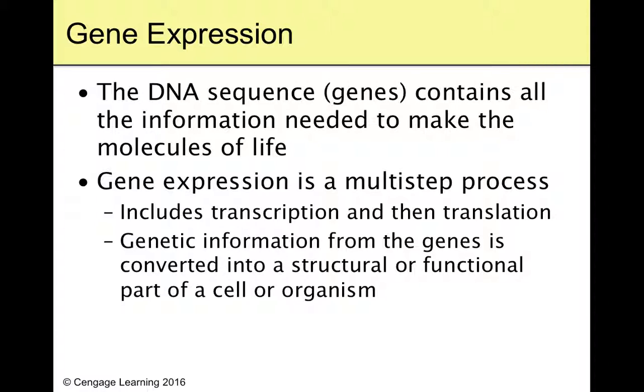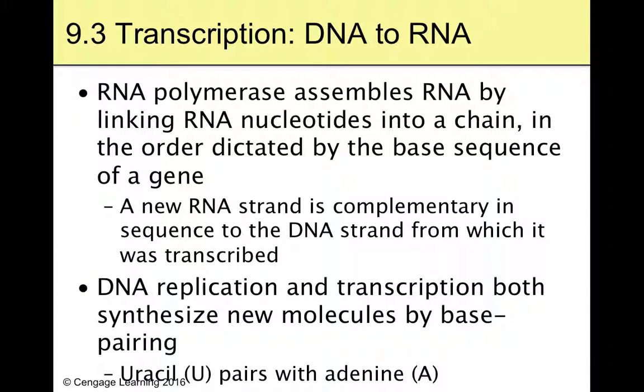And so basically we make information into stuff. We make information into a protein, and that protein could make your hair color the color it is, or it could be an antibody, where you are learning how to fight off a certain infection. Very important stuff that goes on in your body, and it all starts with information, and that information's in your cells. So gene expression, very, very important stuff.